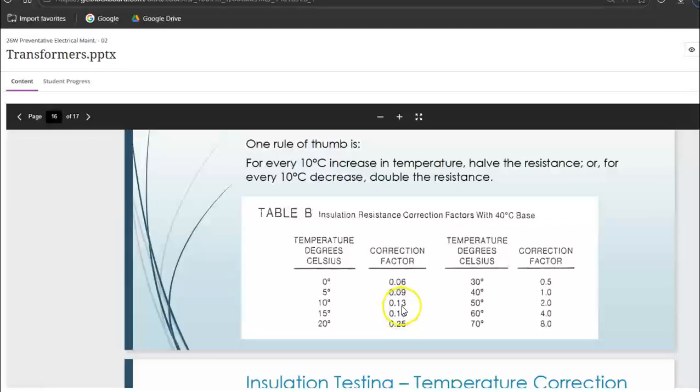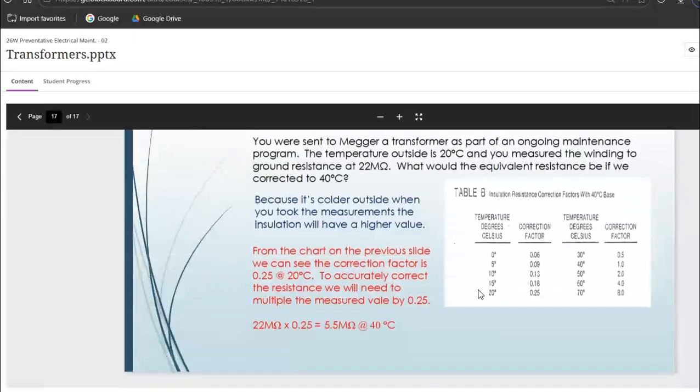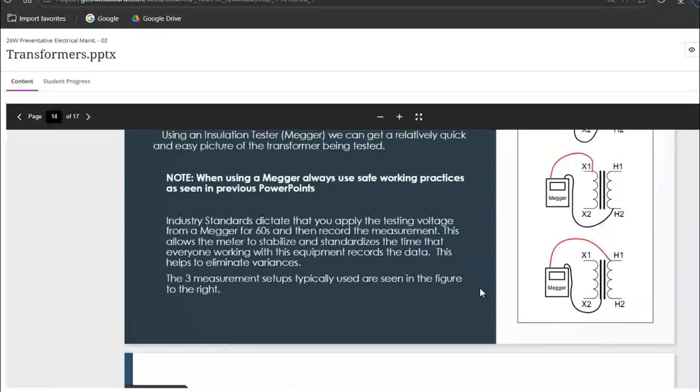So the multiplier is 0.13, which would bring the resistance reading down at 40 degrees. So you would multiply your reading by 0.13, and that would give you the value at 40, which is standard, and see if it still passes. So that's just a last little summary, again, a review of transformers and testing.